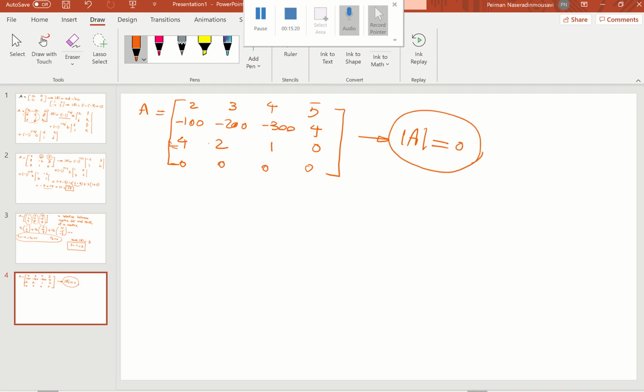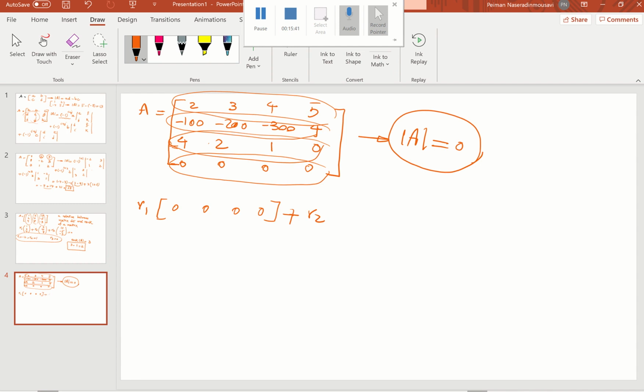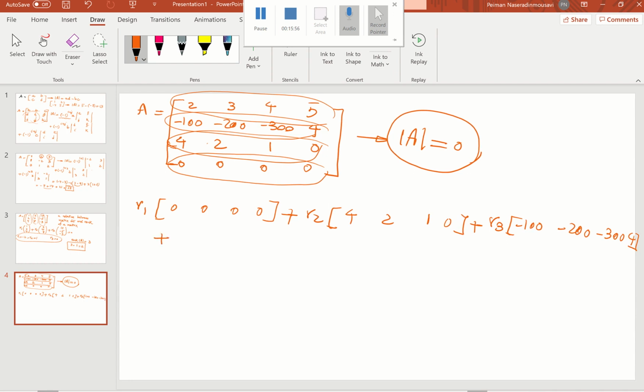This is not magic, because if you look at the rows of this matrix, and write based on the equation I taught in part 5 that you can find on YouTube, you can write R1 times 0 0 0 0 plus R2 times 4 2 1 0 plus R3 times minus 100 minus 200 minus 300 and 4 plus R4 times 2, 3, 4 and 5 equals 0.